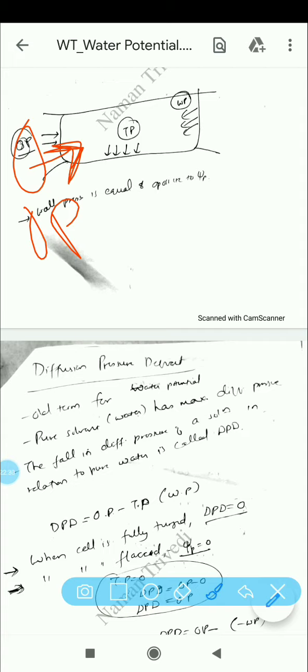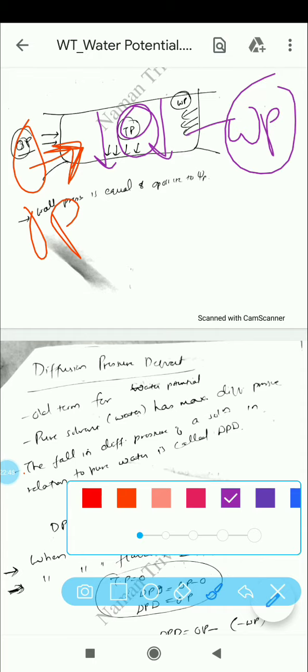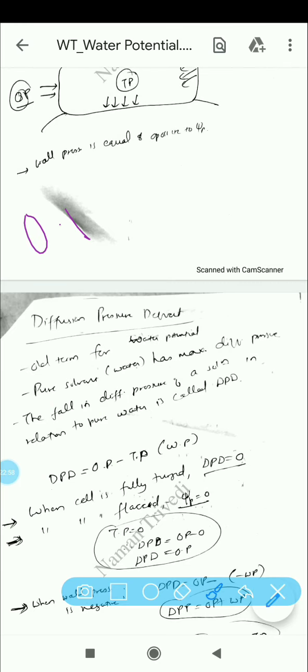Now Turgor pressure, or what we call the turgidity of the cell, will be towards the cell wall. And the wall pressure, or WP, is also exerted from the wall towards the inside. I'll take them one by one, just so that it will be easier for you to understand.